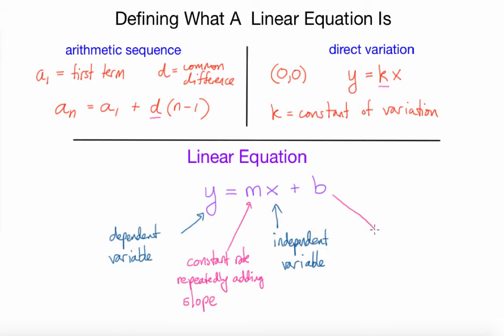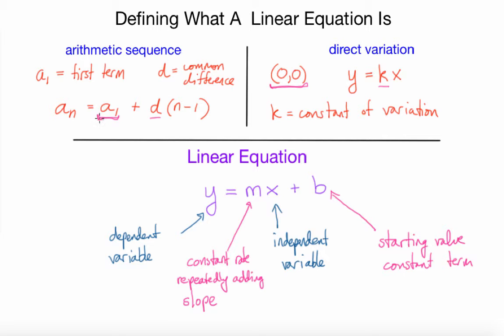Okay, lastly, let's look at b. b is our starting value. It is constant, but it's not a rate. It's a starting value, a constant term. It's a number, related directly to the first term in a sequence. I've got to start somewhere, right? In direct variation, we started at (0, 0).